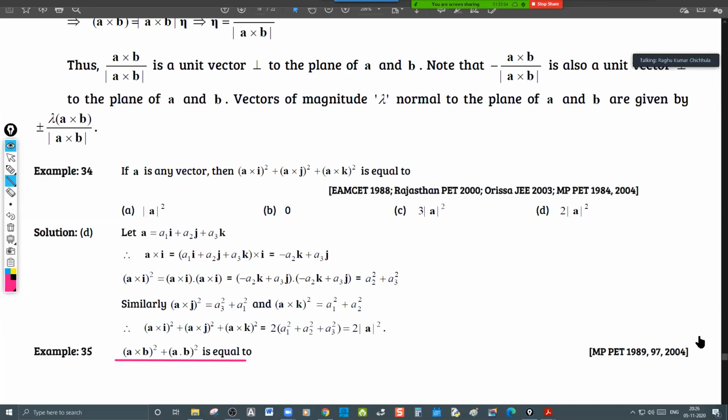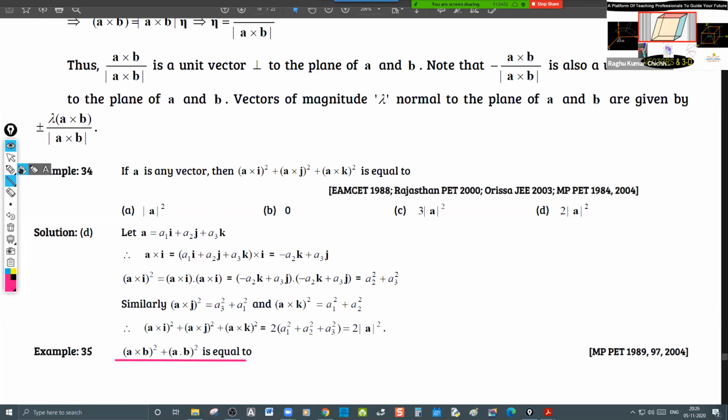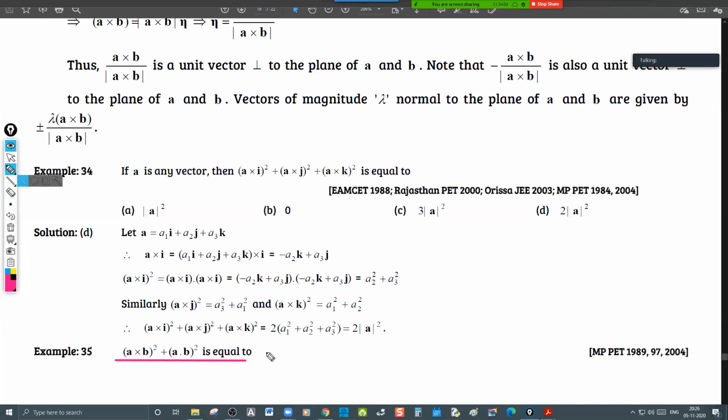Yes, please. Sir, written, sir. What is the answer, then? Sir, A square, B square. That's it, sir.